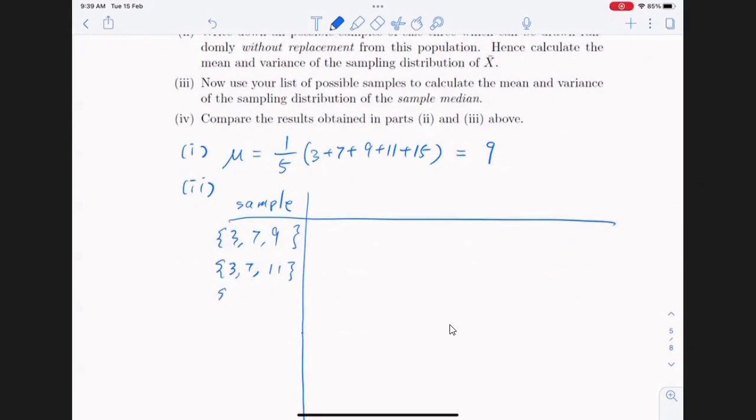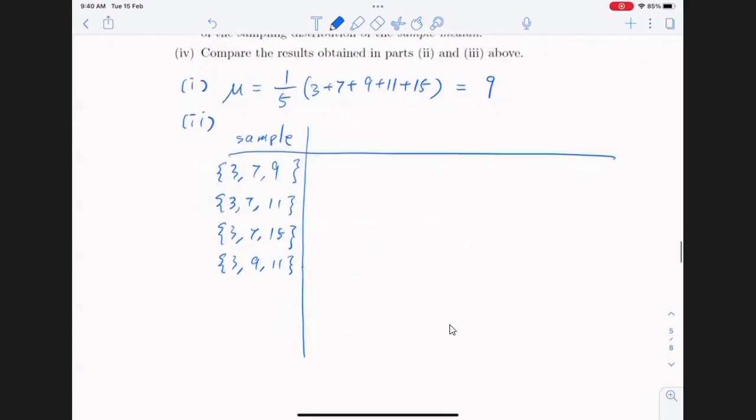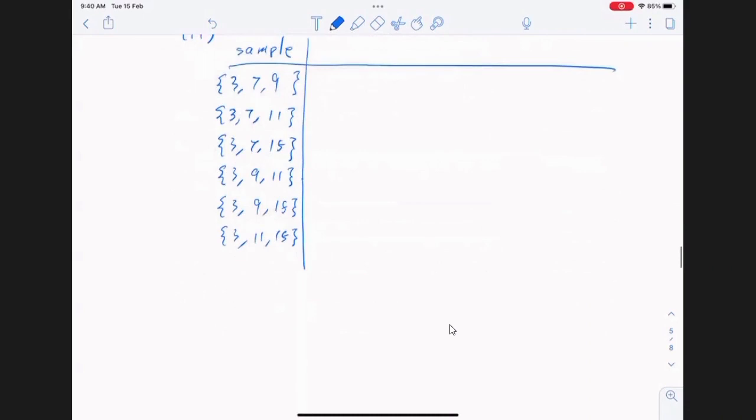Or 3, 7, 15. 3, 9, 11. 3, 9, 15. 3, 11, 15. We keep on listing all the possible samples of size 3 from these 5 numbers. 7, 9, 11. 7, 9, 15.